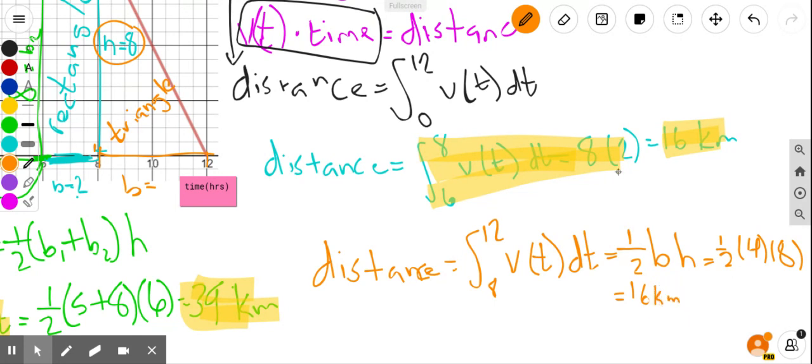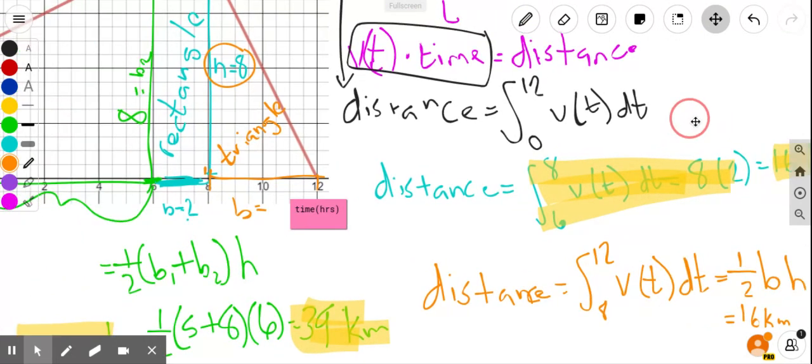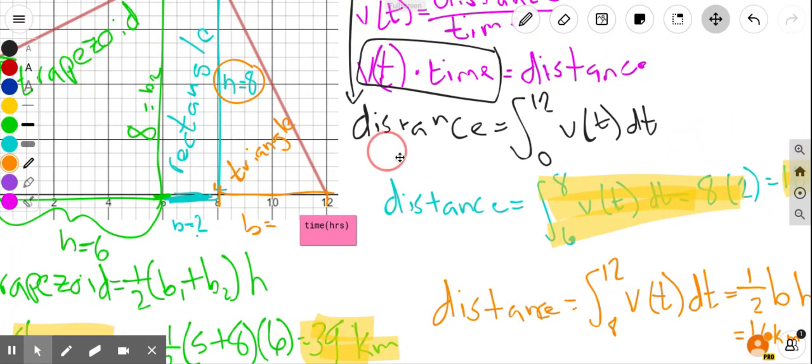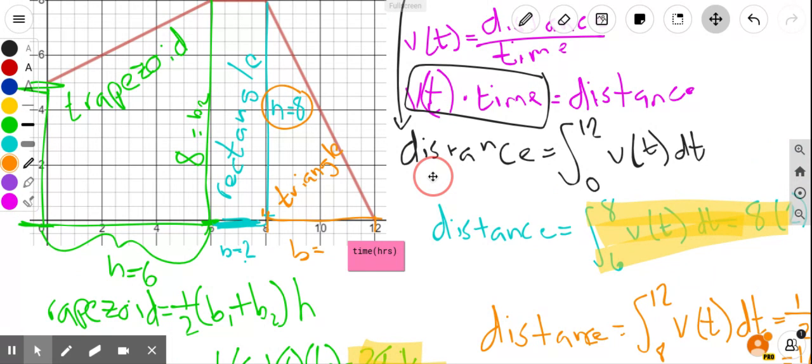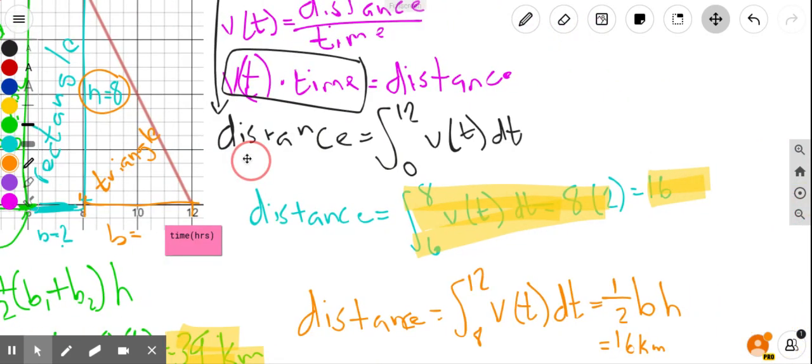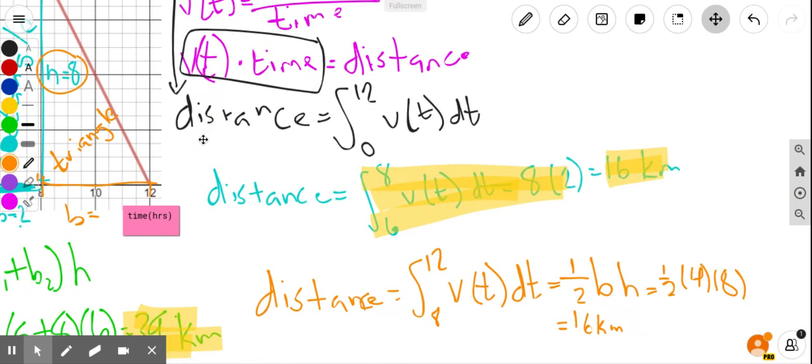Okay. So to recap what we've done, I figured out the area of this entire shape by breaking it into a couple different shapes, the trapezoid, the rectangle, and the triangle. So to figure out the question right here in the black, well, that's just the same as adding the trapezoid, so from 0 to 6, of the velocity.